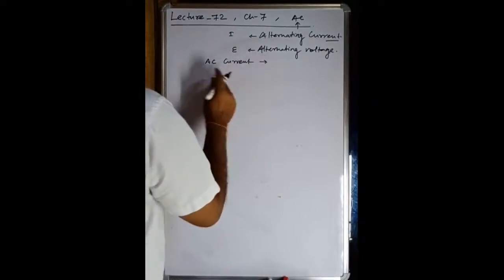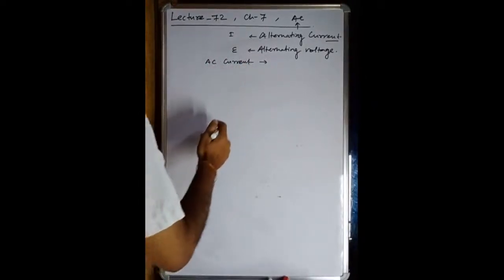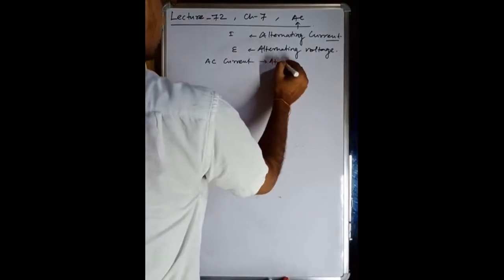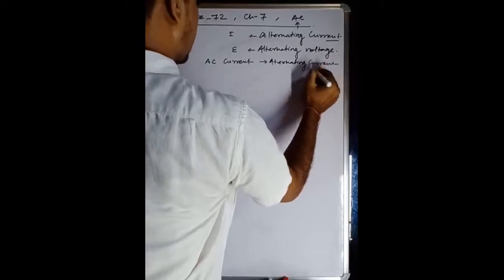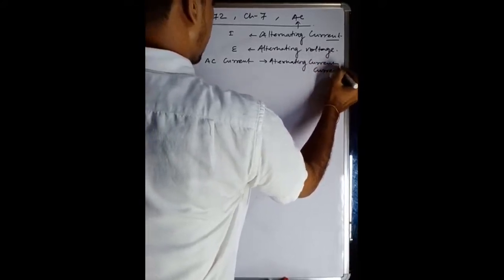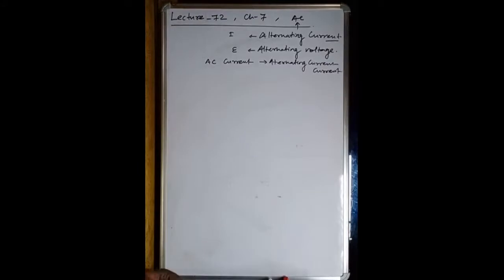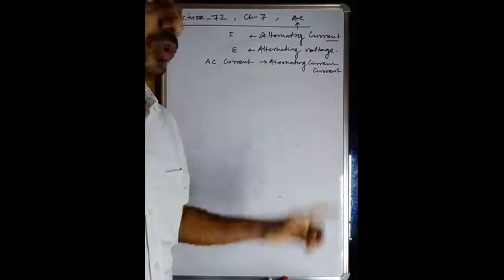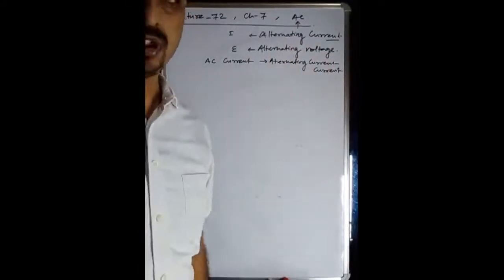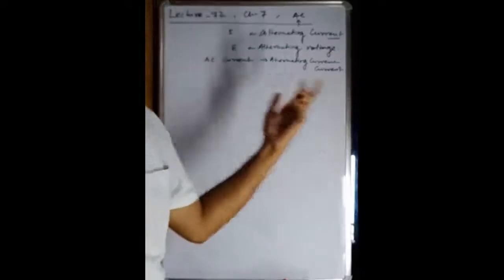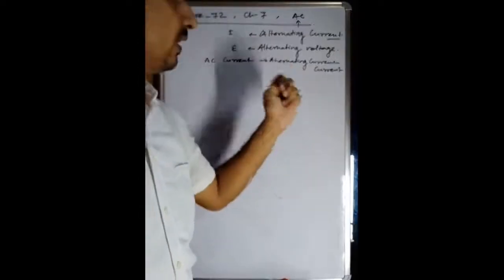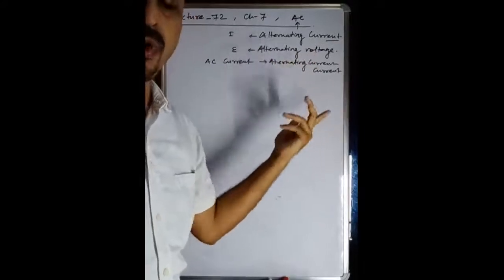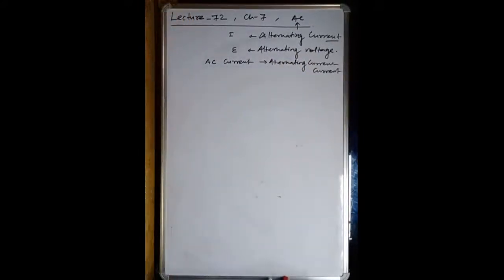The full name is alternating current, and AC voltage means alternating current voltage. Current means the flow, and voltage refers to the potential, and electric current refers to the flow of charge, the rate of flow of charge.